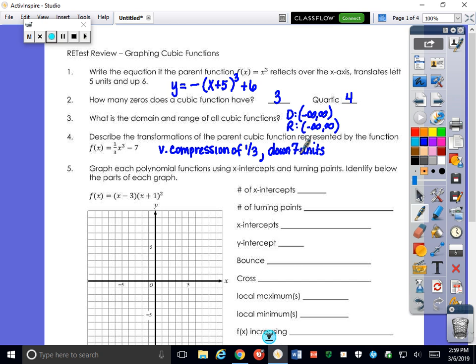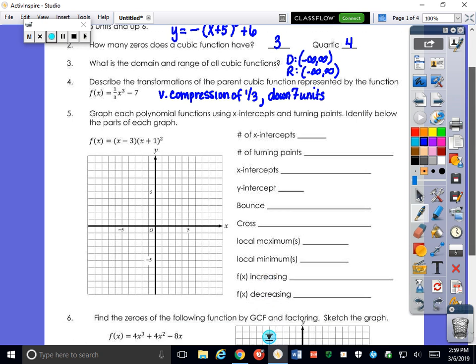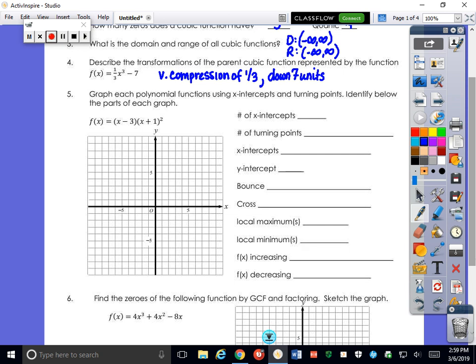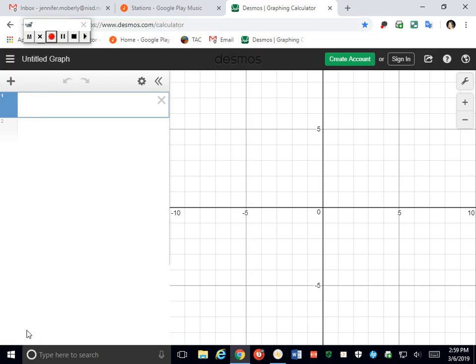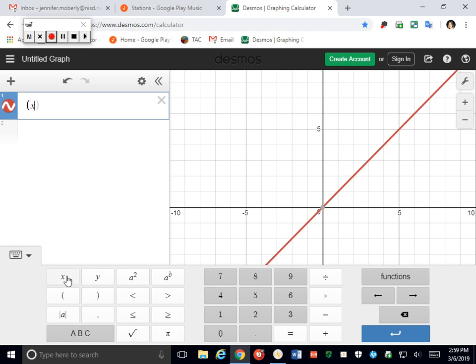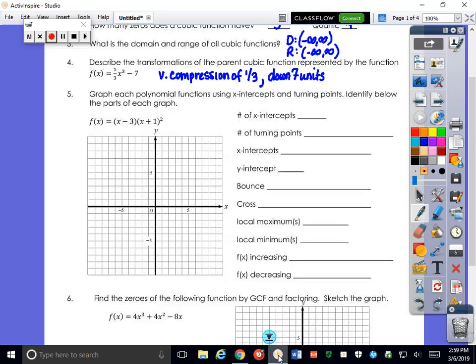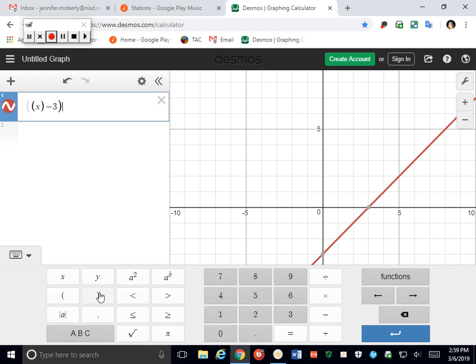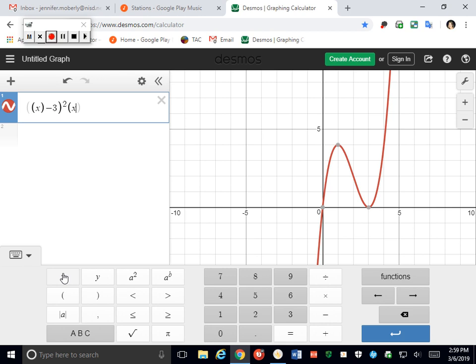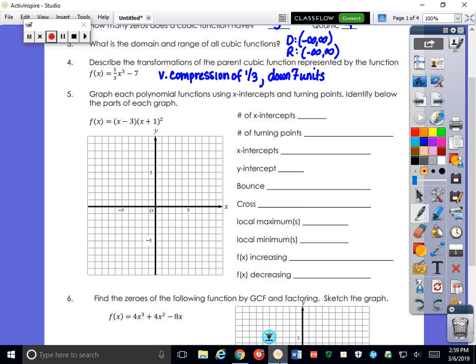Okay, number 5. We are going to use the Desmos app, so if you have it on your phone, go ahead and get it open. We're going to go ahead and graph this. So we're going to do parentheses, x -3, oh, sorry, x -3 is not squared.